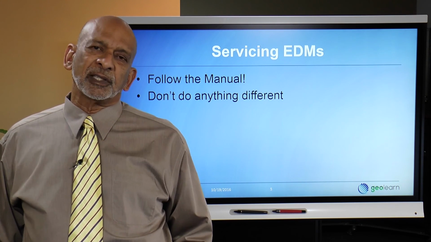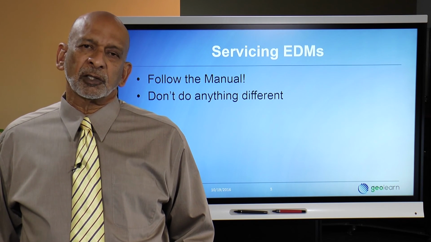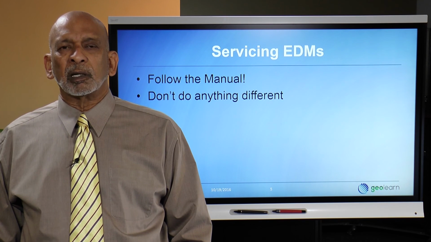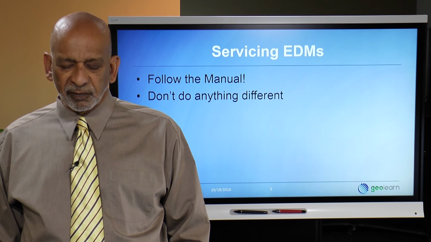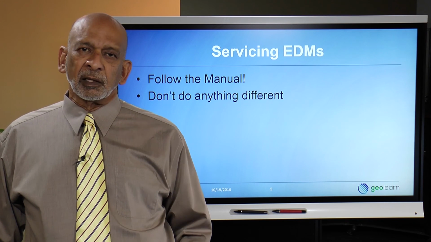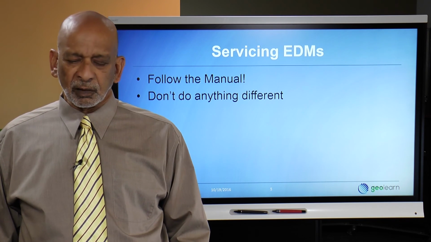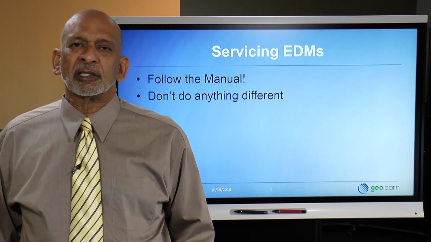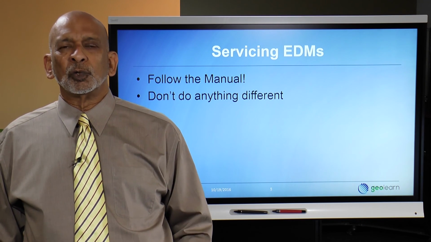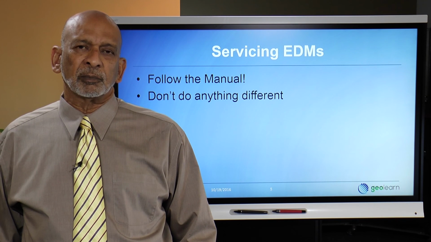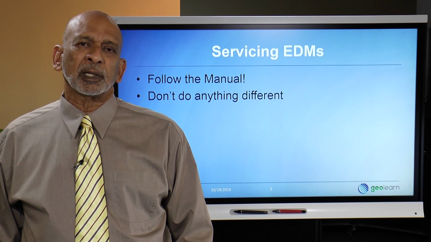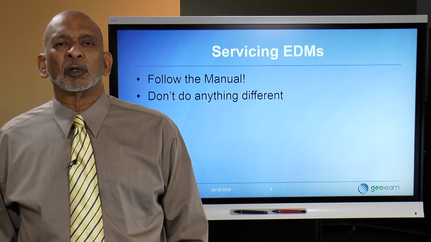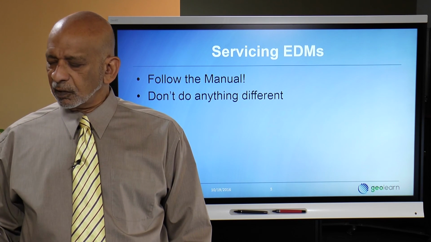There's a lot about physics and electronics that needs to be understood to properly service an EDM, and for the most part, most surveyors do not have that understanding. And so the advice I'm giving you here is: read the manual, do what the manual says you can do, but don't do things that the manual does not mention, because more than likely you are either damaging the instrument or causing it to give you erratic or inaccurate results.